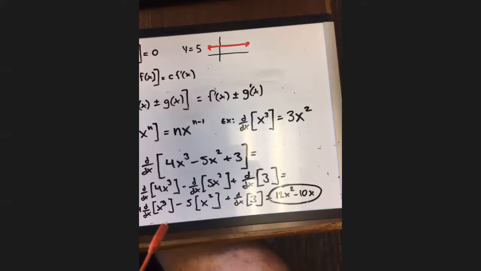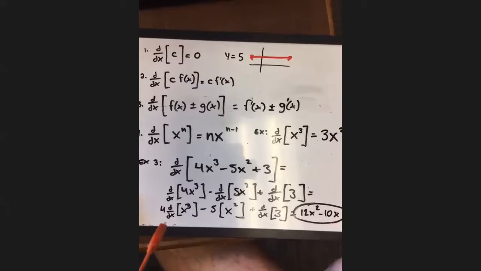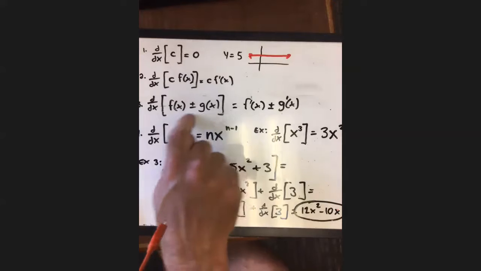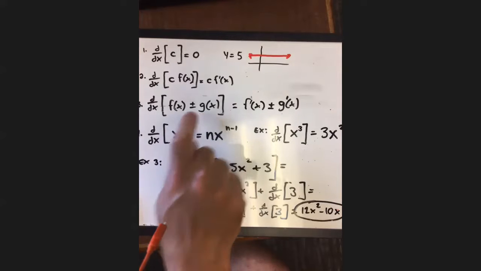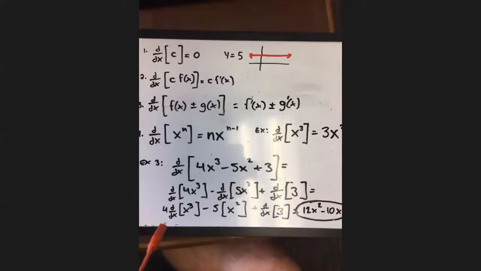Okay. All right, so one thing I want you to notice in this collection of rules is we're allowed to add and subtract the derivatives, but we're not allowed to multiply and divide them. In fact, it's not the case that the derivative of two functions multiplied together is the derivative of the first times the derivative of the second.